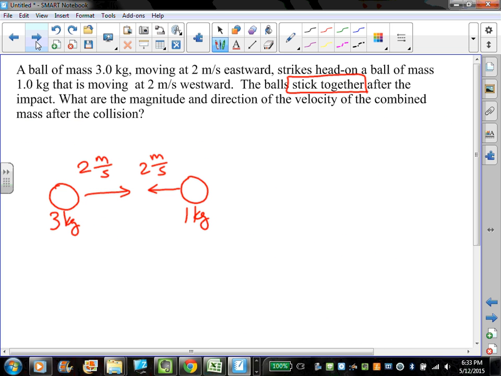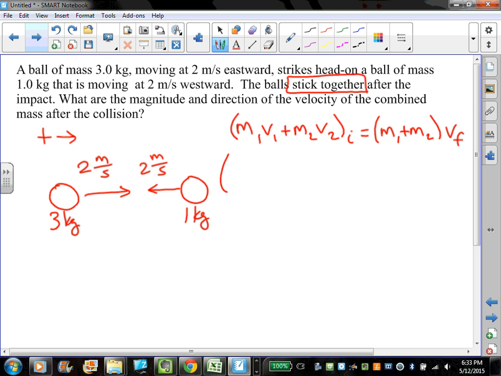So let's do that. We've got m1 v1 plus m2 v2 at the start is equal to m1 plus m2 times their final velocity. So let's fill all this in. I'm going to say that positive is moving to the right, because that's usually what happens in standard coordinates anyway, but we need to define it.